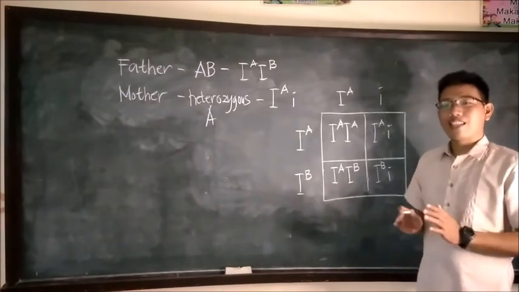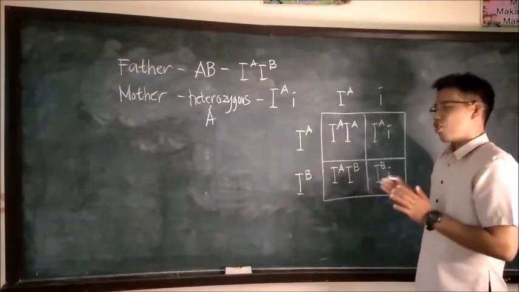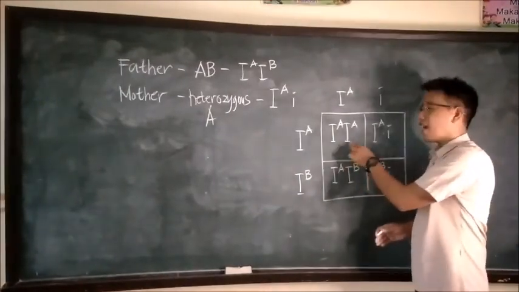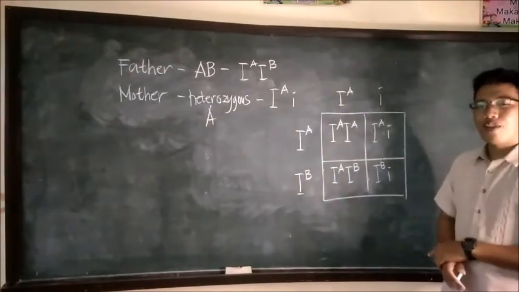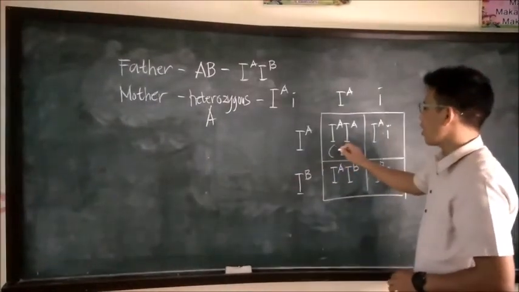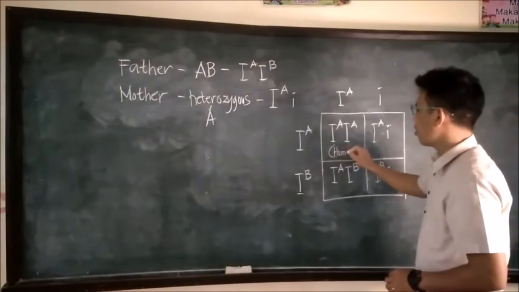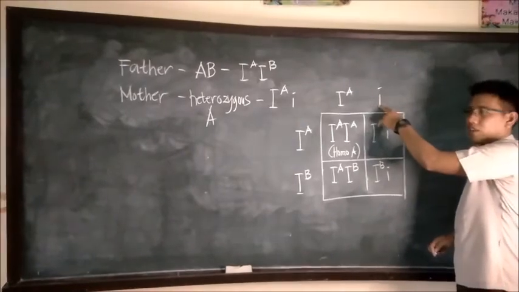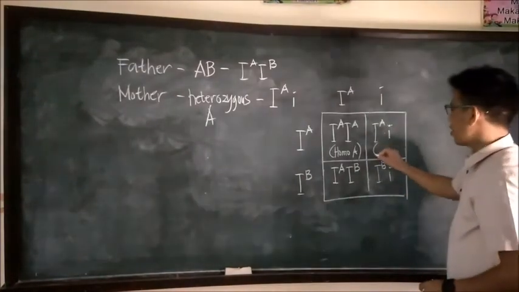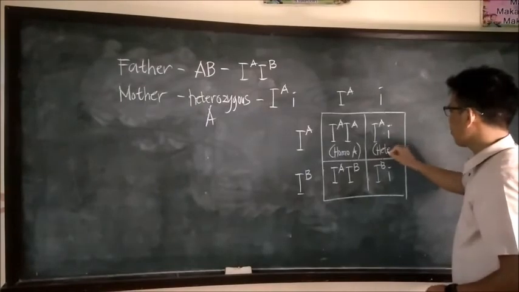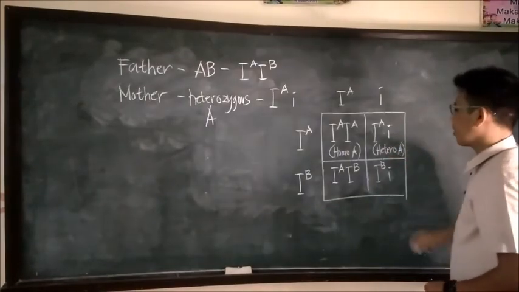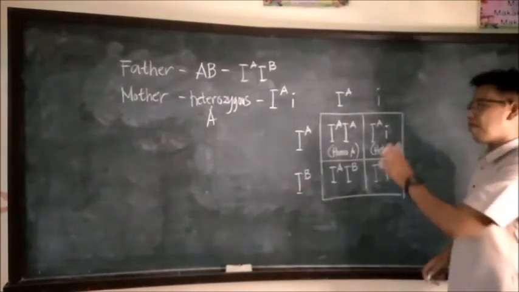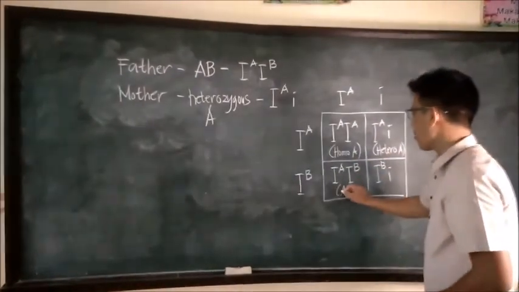But your task is not yet done because you still have to include the phenotypes of the offspring. So IAIA, its phenotype is homozygous A. IAi is just like the mother, so it is heterozygous A. IAIB is just like the blood type of the father, that is blood type AB.